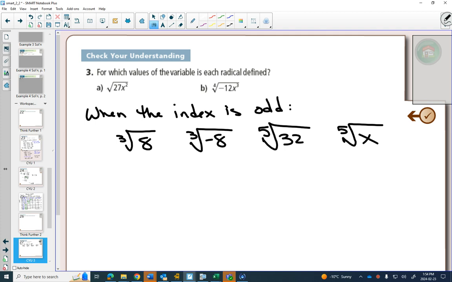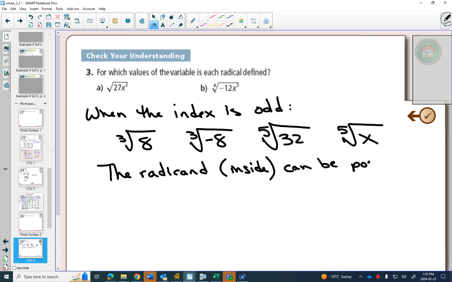When the index is odd, the radicand, remember that's the inside of the radical, can be positive or negative.